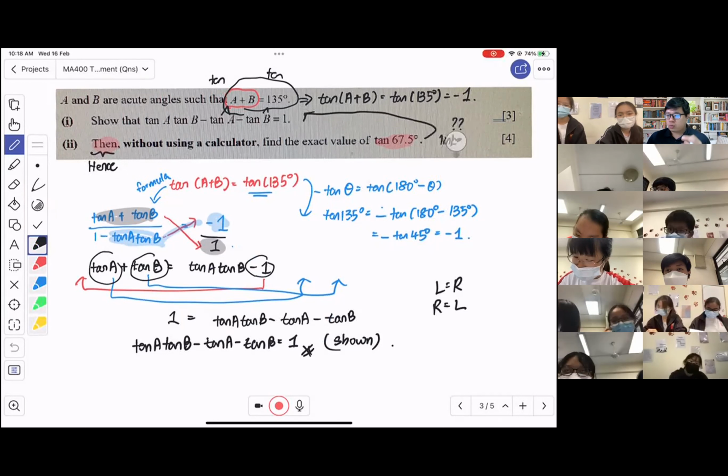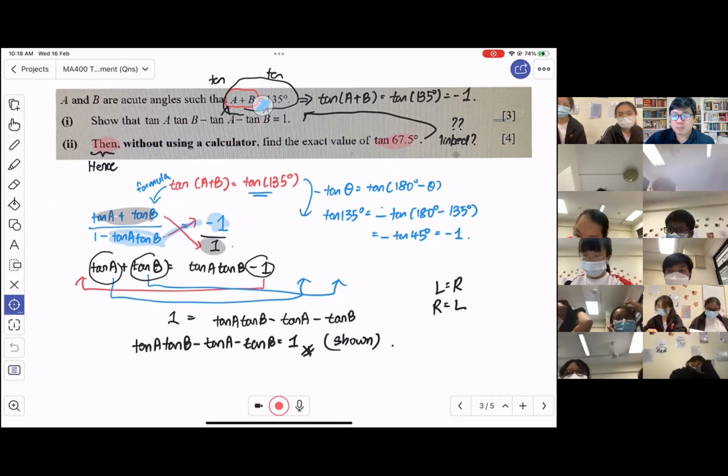So what I'll do is look at 67.5, and double of this will give me 135, right?